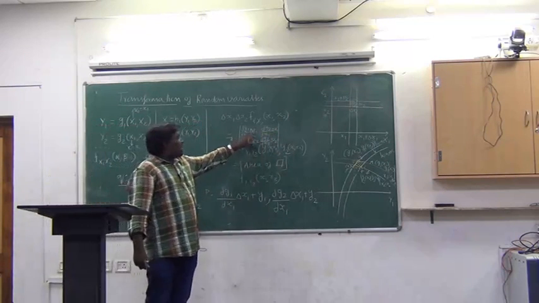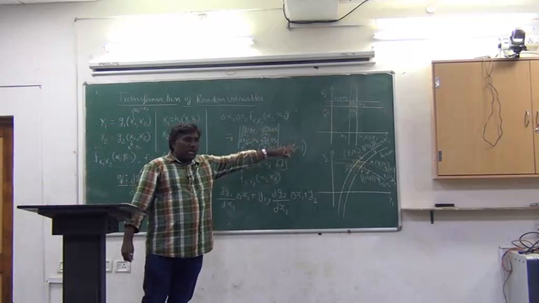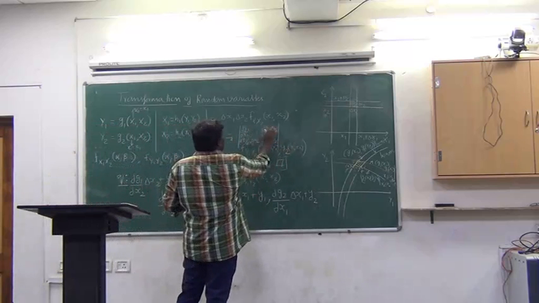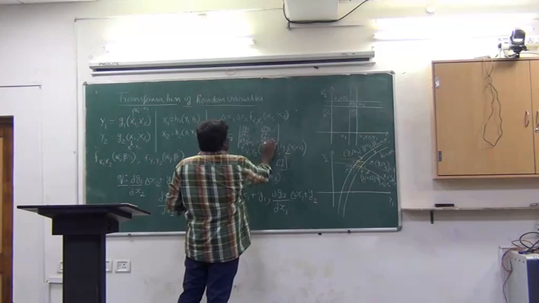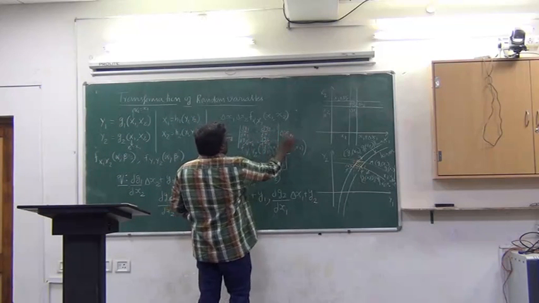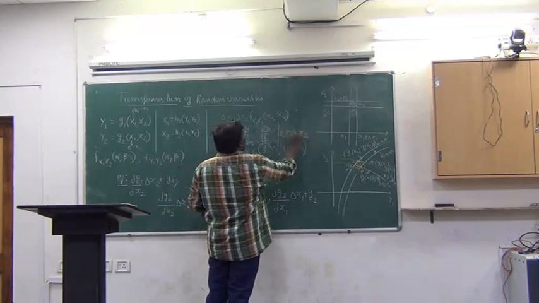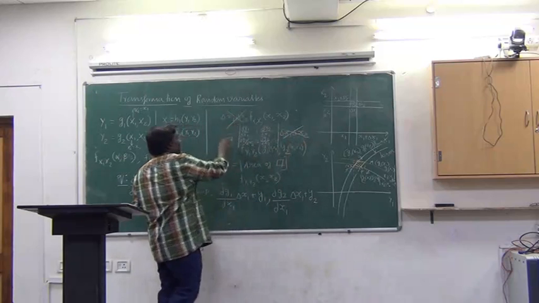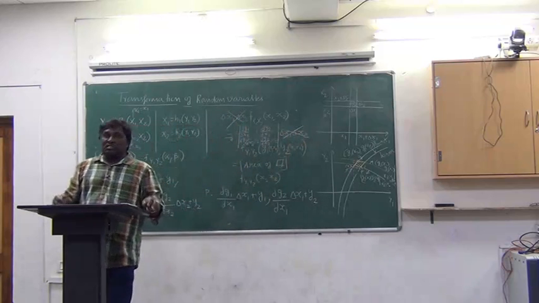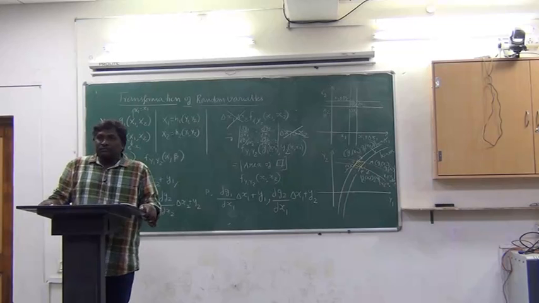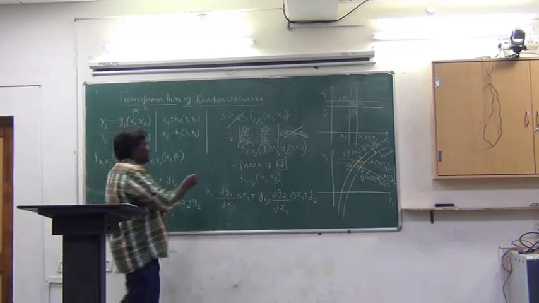And I can take this delta x1 and delta x2 outside, right? So I do that now. Delta x1 delta x2, and this matrix is what we call the Jacobian matrix. This is called Jacobian matrix J.